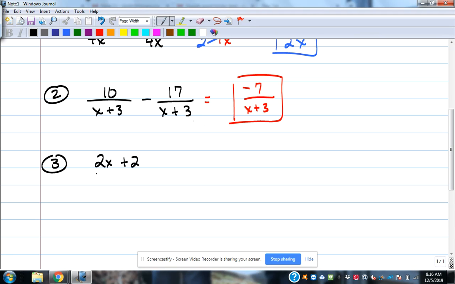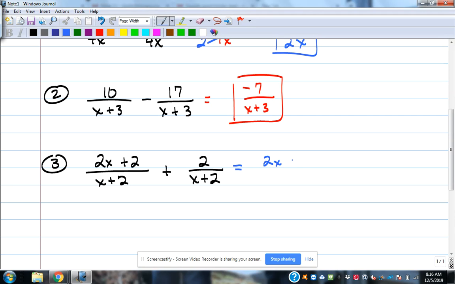All right, 2x plus 2 over x plus 2, plus 2 over x plus 2. Denominator already the same? Yeah, so we can just go ahead and add like terms in the top.